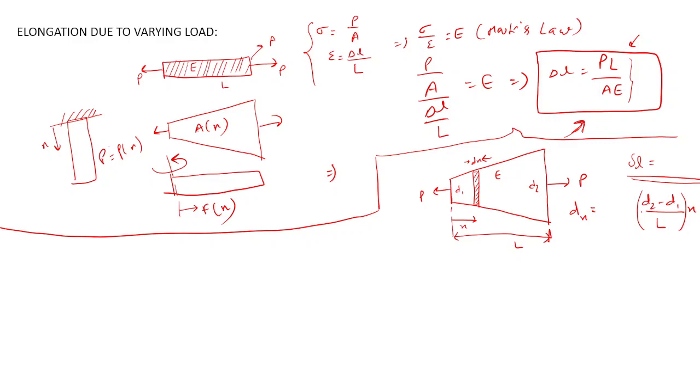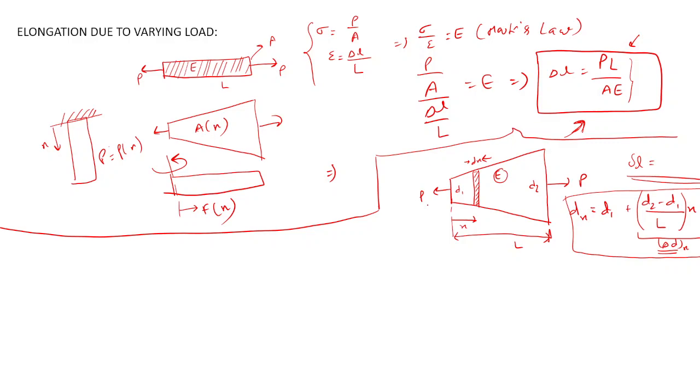This term shows how much the diameter would change, delta d, for the x length, and here it is already d1, so simply we can write this. Is it okay to everyone? Yes. So we have found the diameter at the distance x.